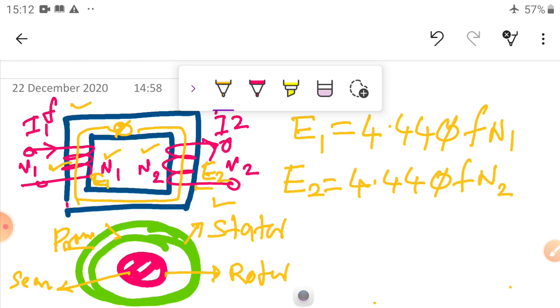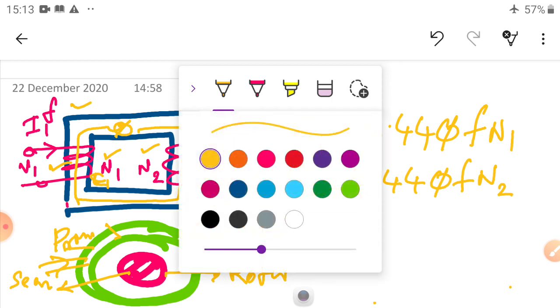When three-phase supply is given to this motor, it produces a magnetic field.